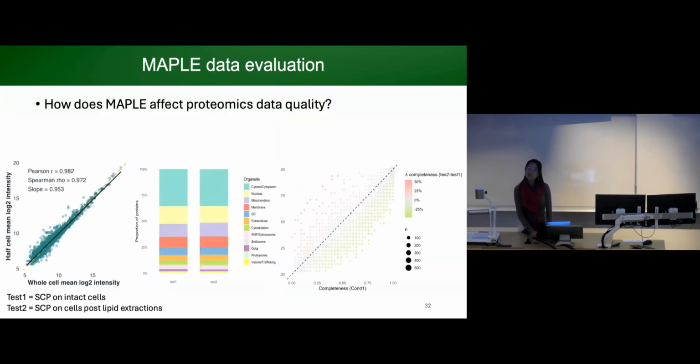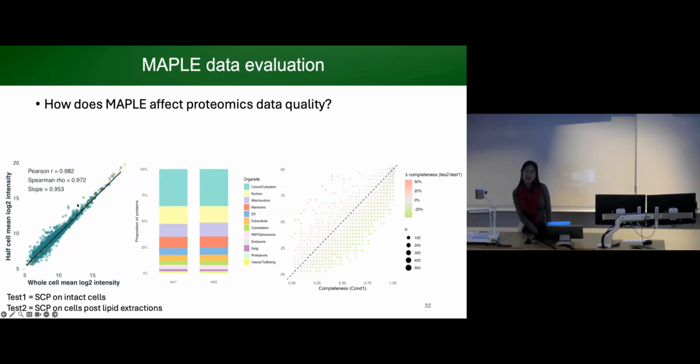And then the next question that we asked was, since we're extracting another omics from the cell, is that going to affect our initial proteomics quality? So this is looking at, sorry about the label, but this whole cell is when we just do a regular SCP workflow for proteomics. Half cell is after extraction of lipids, the remaining one goes through proteomics analysis.